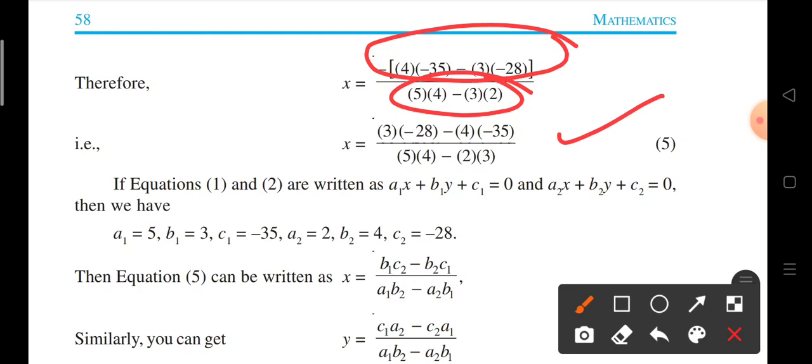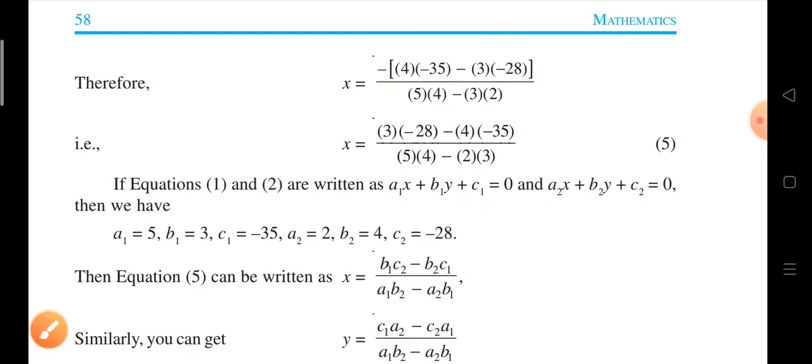Now if we write the general form of the equation is a1x plus b1y plus c1 equal to 0, a2x plus b2y plus c2 is equal to 0. So here you can get the value of x in terms of the coefficients, because over here you can write simply b1 c2 minus b2 c1 upon a1 b2 minus a2 b1.